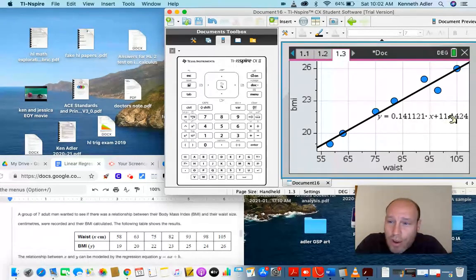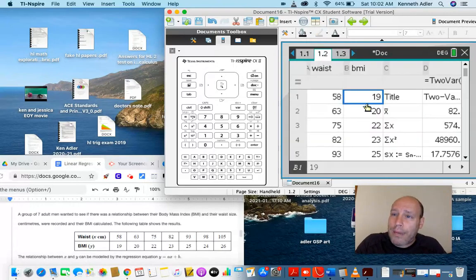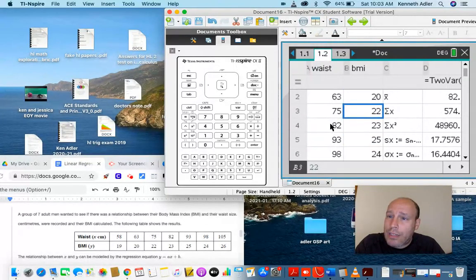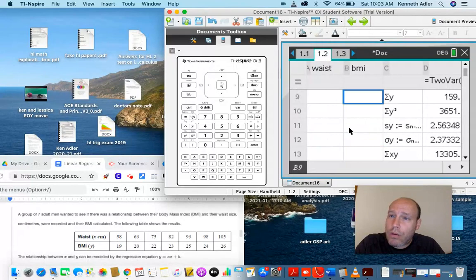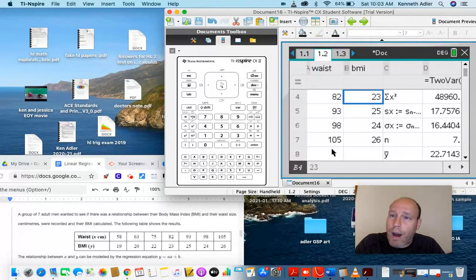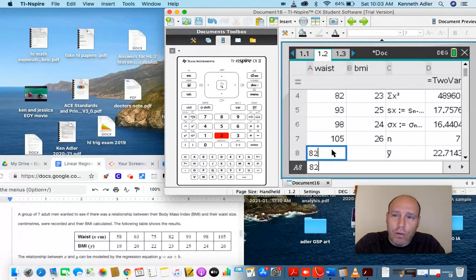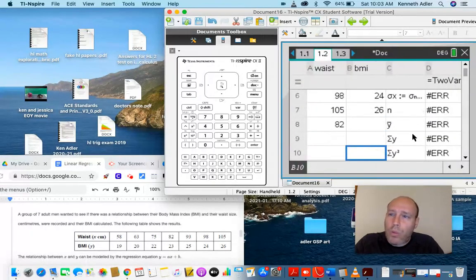Something of interest you can do is go back and find the mean, and put that as an eighth point. Let's put the means at the bottom.